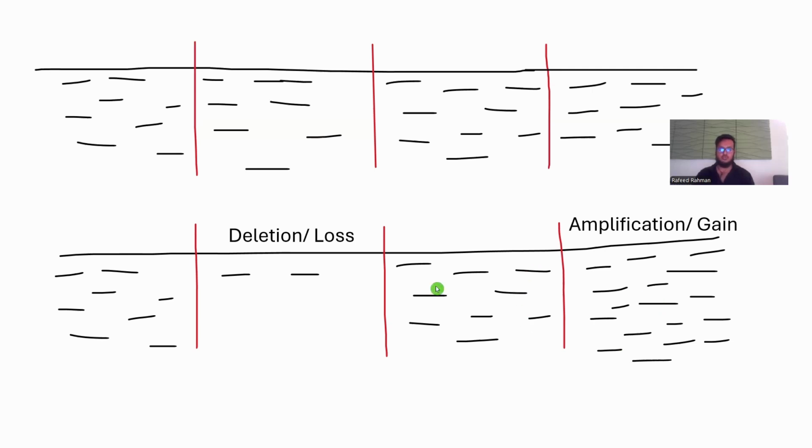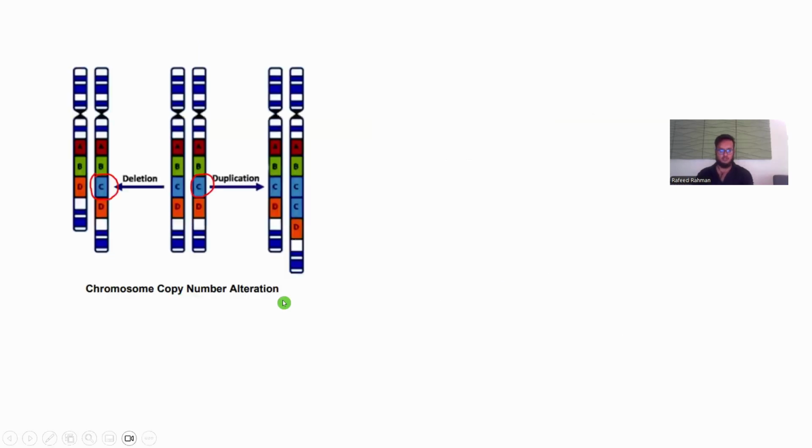For example, here we have approximately 8 reads, but here we have approximately 15 to 16 reads, which is double. So why does this kind of deletion or amplification, or this kind of doubling, happen during sequencing? If we talk about that, then we talk about copy number alteration.